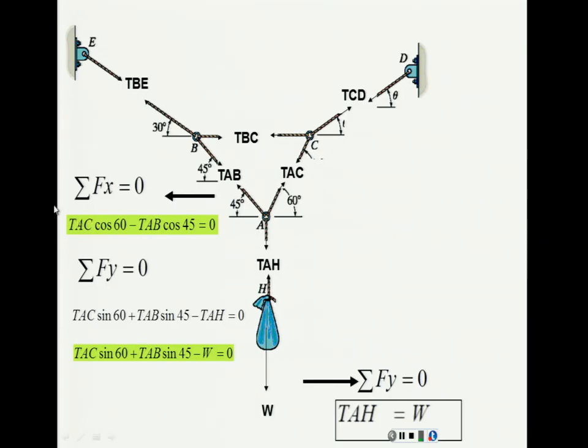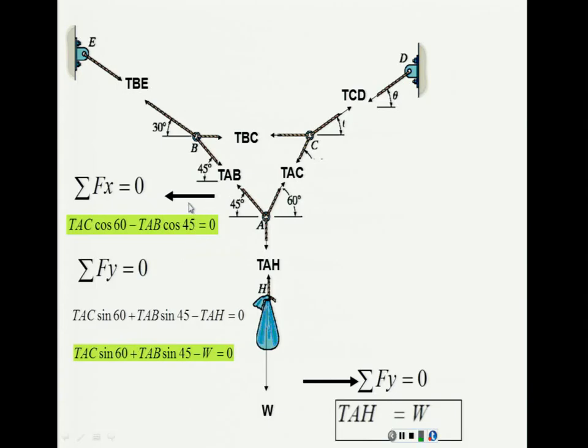You can solve for one variable and plug it into the other one and go and solve it. But if you look at these two equations, be a little bit smarter and think, oh, look at that, negative TAB cosine 45 plus TAB sine 45. Cosine 45 and sine 45 are the same value, square root of 2 divided by 2. So what if I add term by term the two equations?